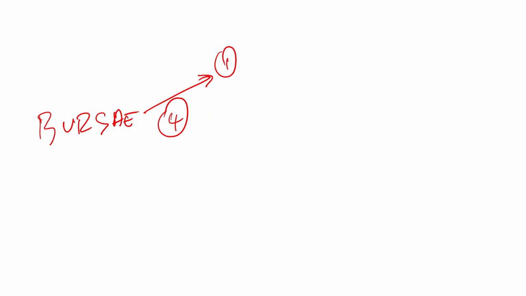Next is the bursae of the joint. There are around four main bursae. The very first is the subscapular bursa.